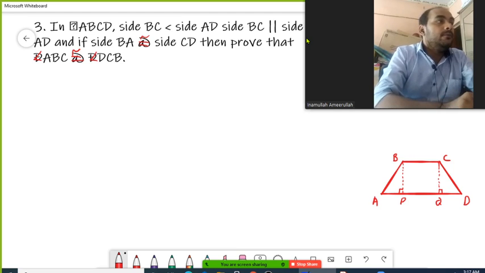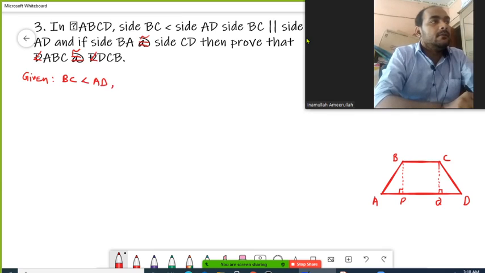Now, proof. First I'll write the given information. The most important given information: BC is less than AD, BC is parallel with AD, and BA is congruent with CD.